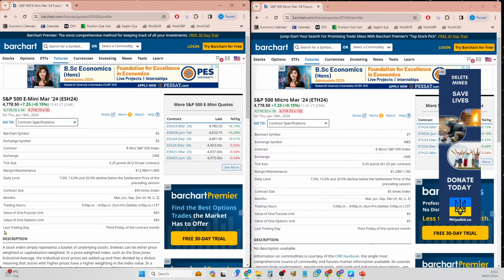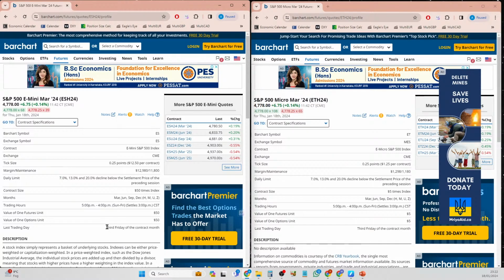Now, what again you need to remember is the last trading day. Third Friday of the contract month is when this contract will expire. So once this contract expires, you cannot trade over here. So if you are, let's say, on a Thursday involved in this particular contract and you do not close your position, the next day the contract expires and you are stuck with whatever you have bought or sold in that contract.